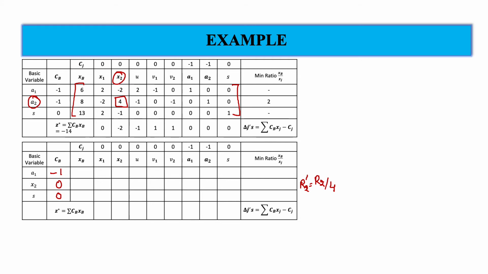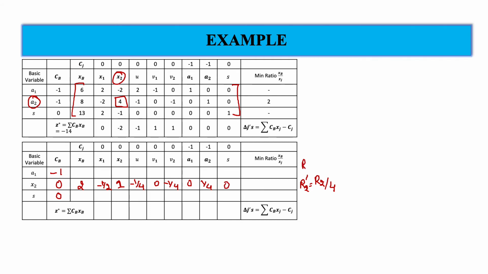So this row will now become 2, minus half, 1, this will become -1 by 4, this will become 0, -1 by 4, this is 0, 1 by 4 and 0.